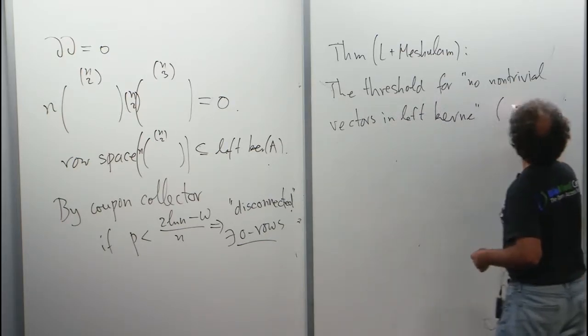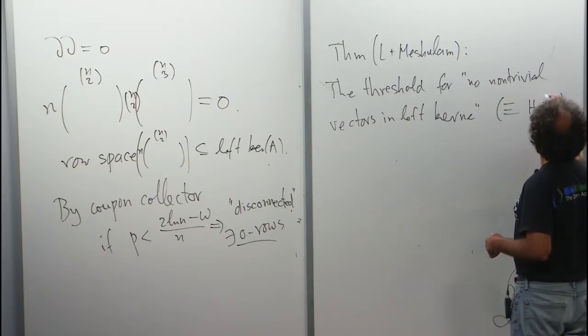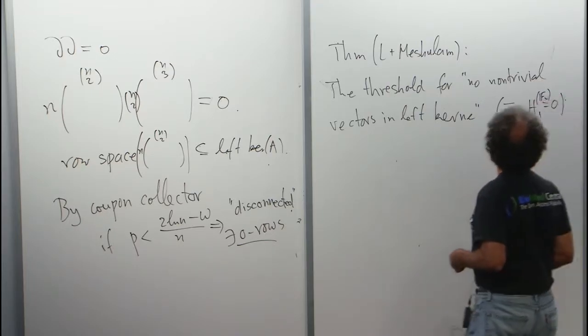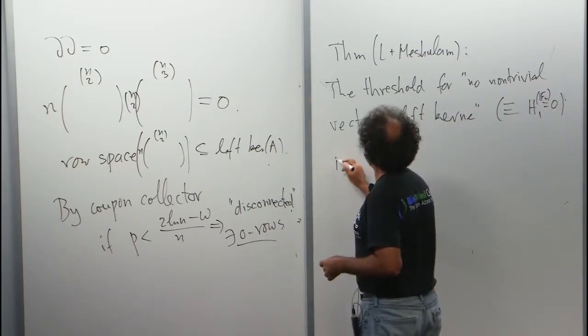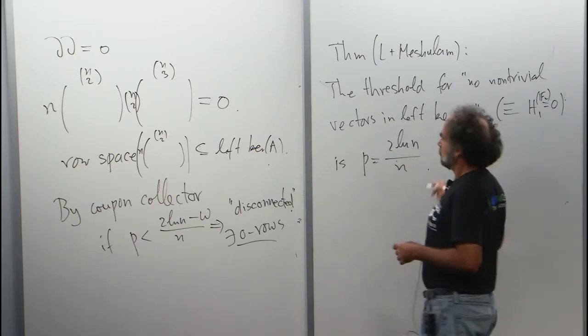In the language of topologists, this is how you write it: P is 2 ln n over n.